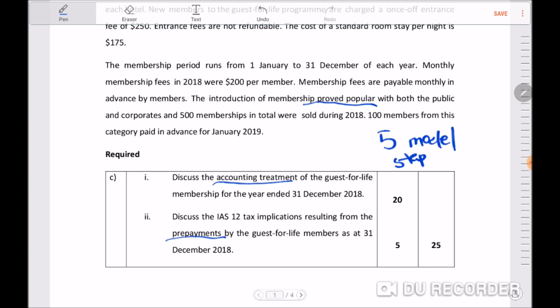So therefore, there will be no deferred tax asset or deferred tax liability for the year ended 31 December 2018. So there is no temporary difference since ZIMRA and IFRS have aligned their timing of recognizing prepayments. So this discussion alone would be able to make you earn 5 marks. So the grand total from required C, part 1 and part 2 would give us the 25 marks.